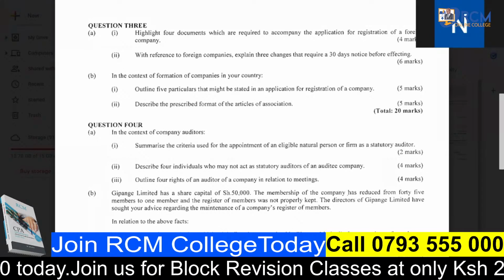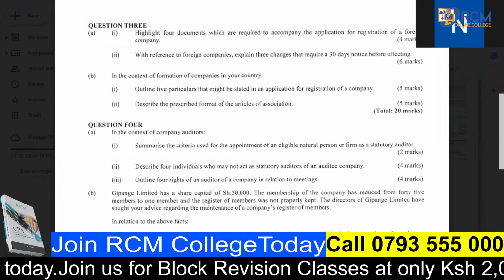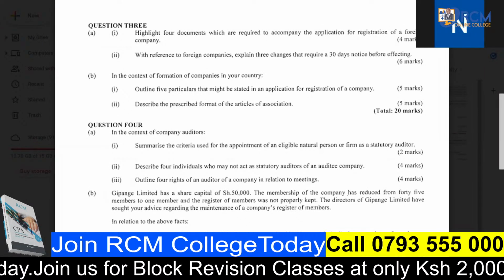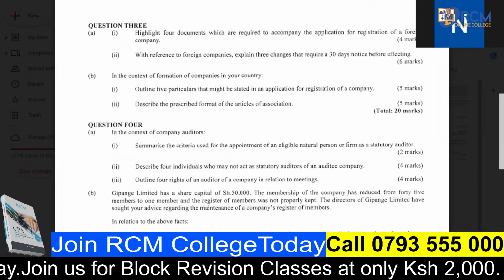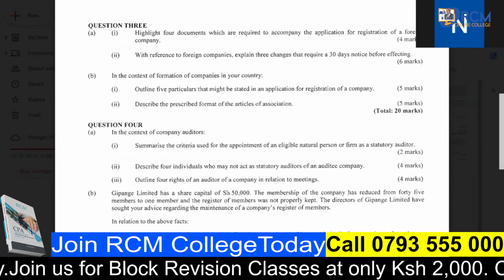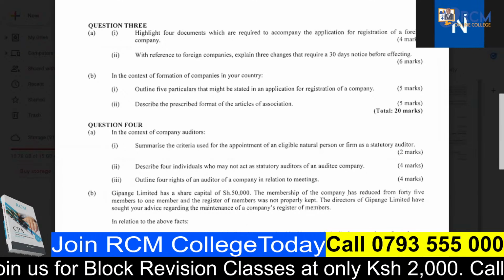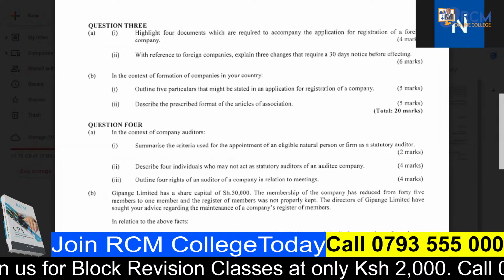Then the articles should be printed for presentation to the register of companies when the company is going to be formed.